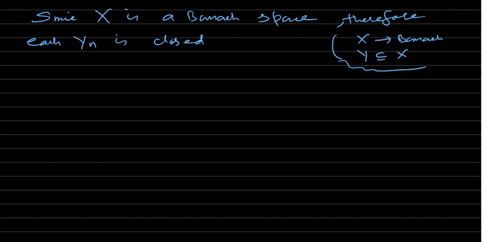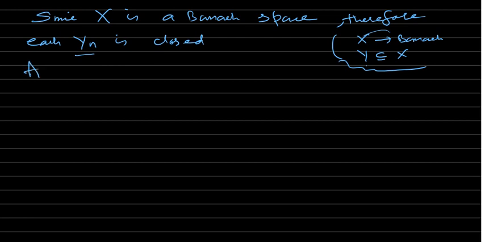Or in metric spaces, given a complete metric space X and Y a subspace of X, Y is complete if and only if Y is closed. So here Yn is a Banach space, so it must be closed.